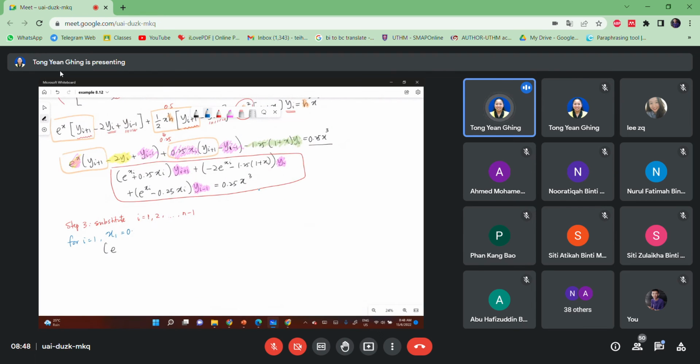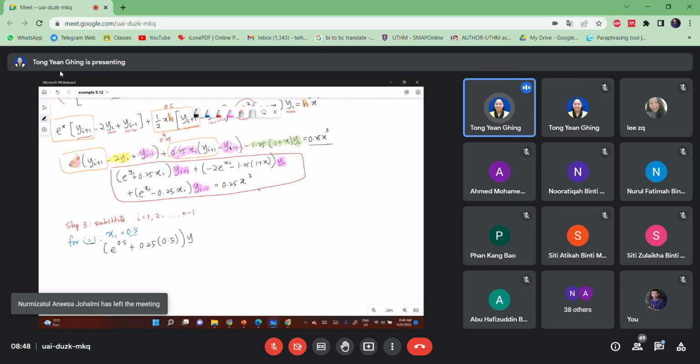So the value of those x, you have to substitute with 0.5. So that means here, this one is e to the power of 0.5 plus with 0.25 times with 0.5, y. So yi plus 1.